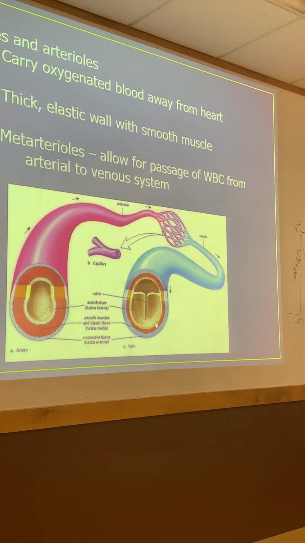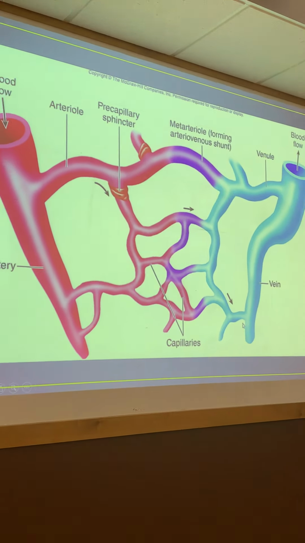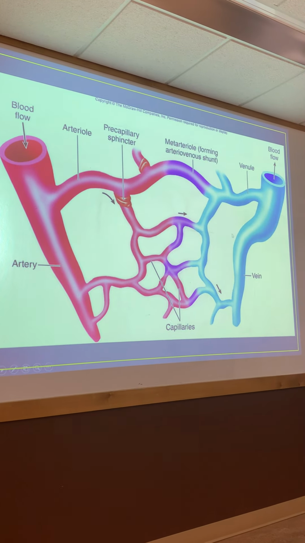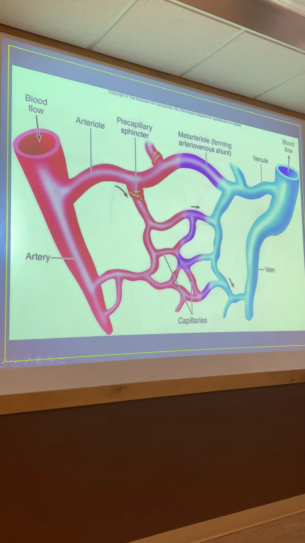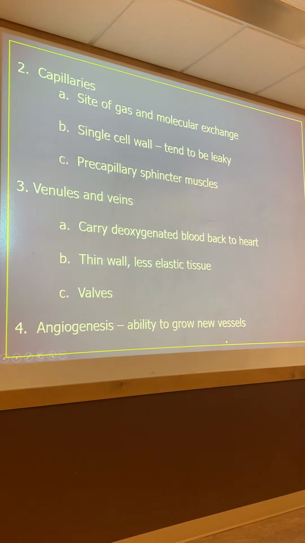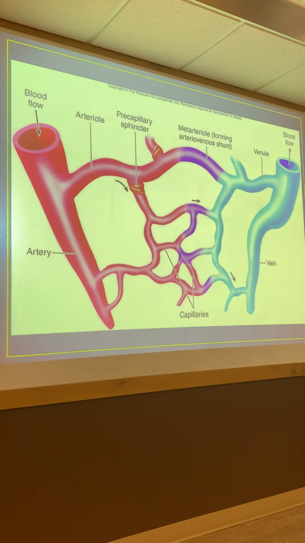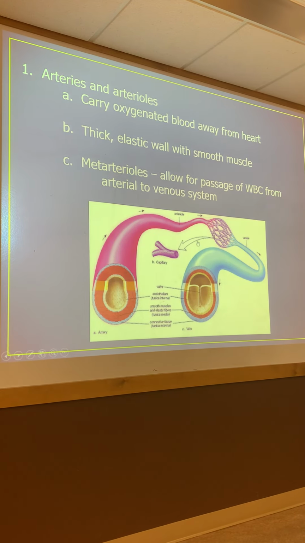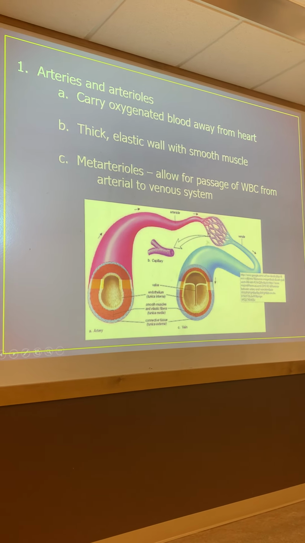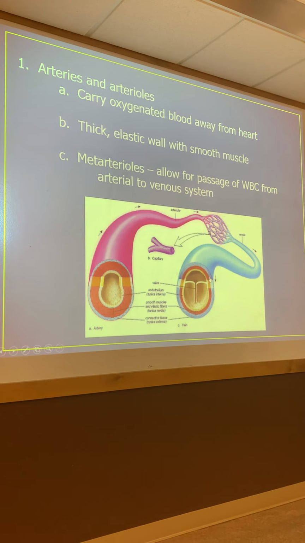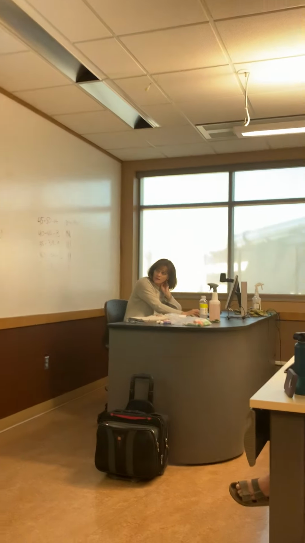Remember that in our veins, don't worry about meta-arterioles, and don't worry about capillary sphincters either. We talk about that in anatomy. Remember that veins have valves in them to allow the blood to keep going. We're so far away from the heart when we get to the veins that the veins can't feel the push anymore.